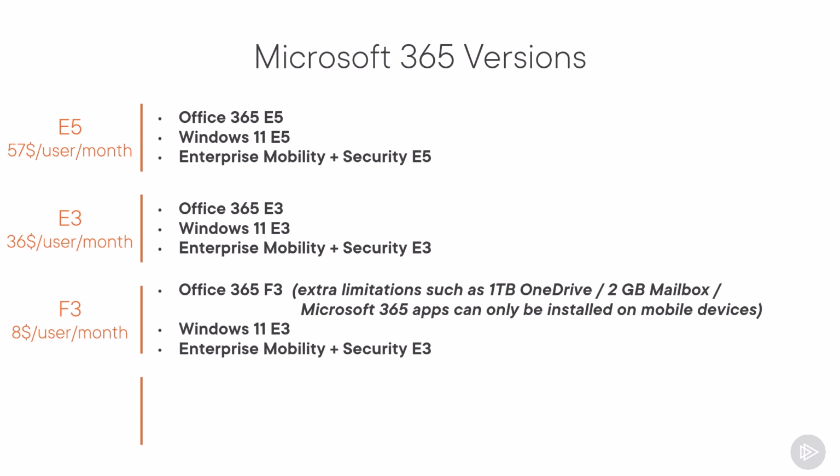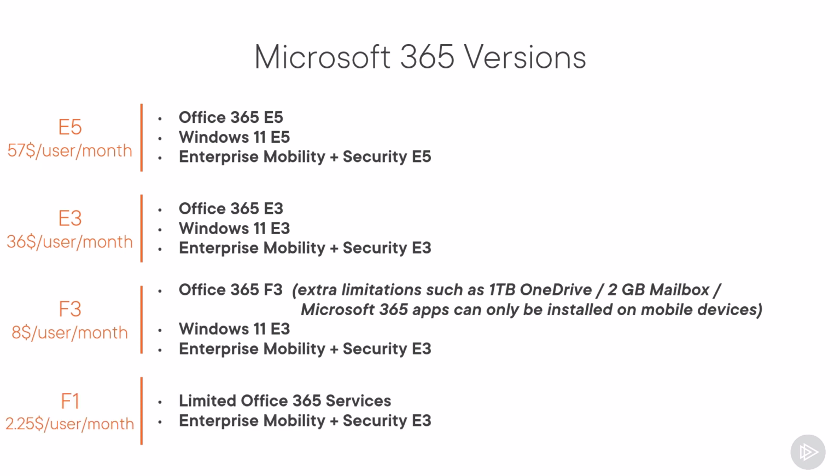For example, you cannot install Microsoft 365 apps on a PC, only on mobile devices. Your mailbox limit is only 2 gigs, and so on. So really, it focuses on what a field worker or frontline worker might need.